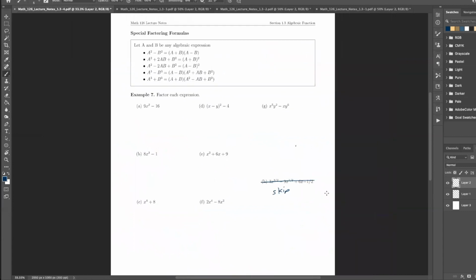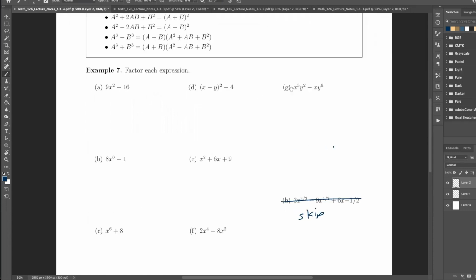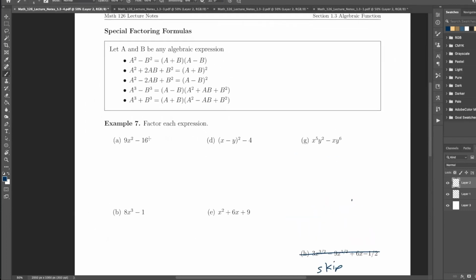So let's go into some factoring real quick. If we're going to factor these, what do we have here? We have a square minus a square, right? So let me zoom in. So here I have a squared minus b squared. So what's the square here? Well, let me be very clear here. A is 3x. 3x squared is this.